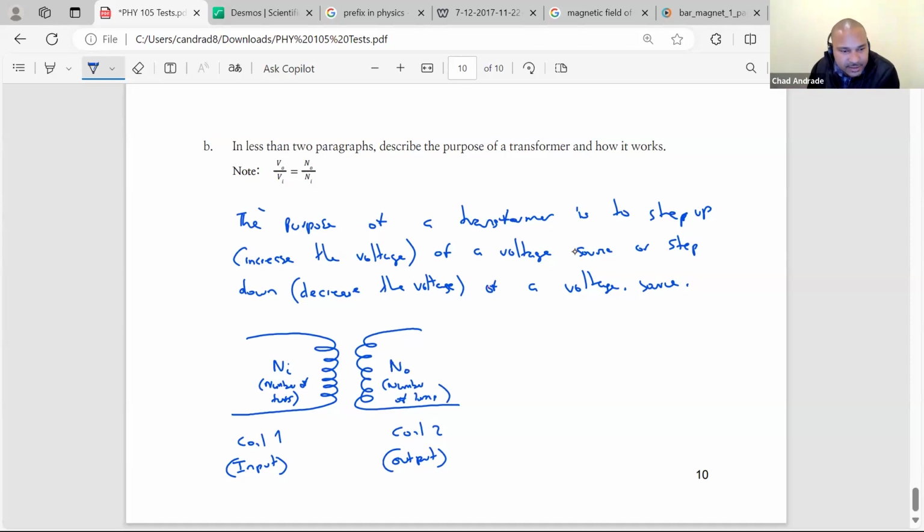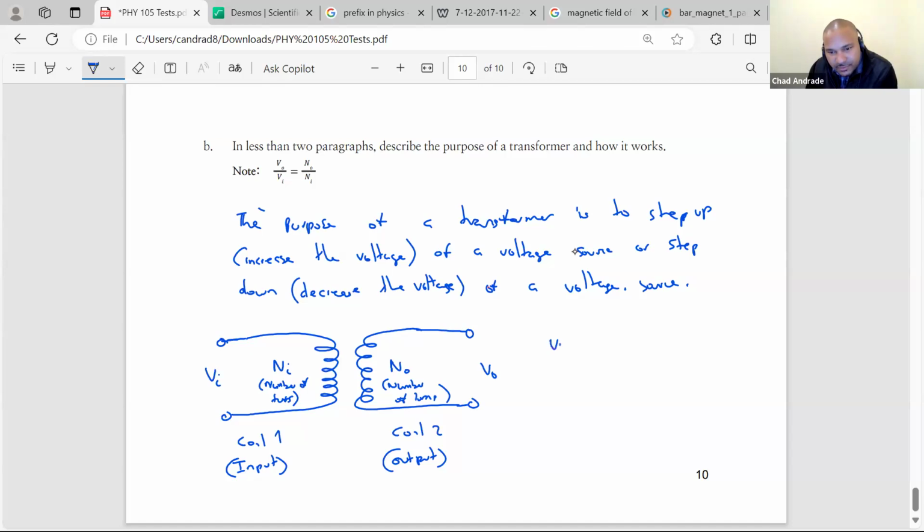And then these coils would be connected to some voltage. This is VI. And over here would be VO, and we'd use this equation. This equation is right here at the top.